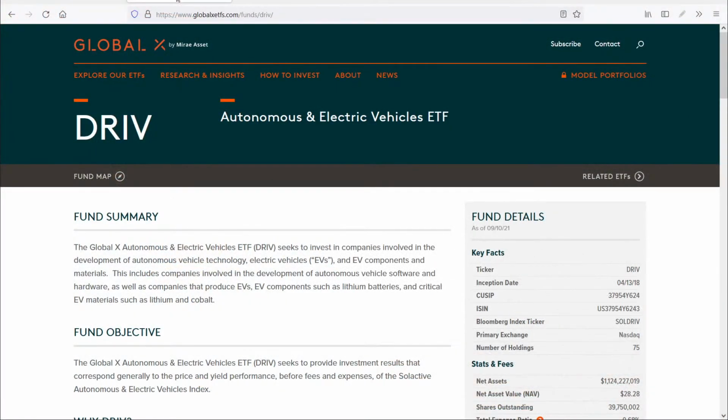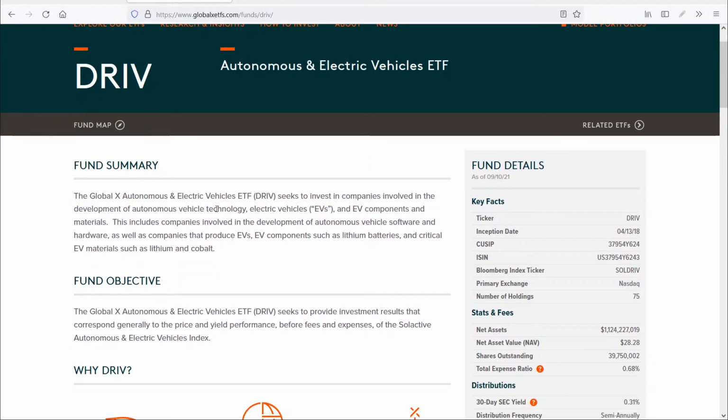So what always makes sense, and I explained why not to use individual stocks, is you could look for ETFs or global market funds which contain more than just one stock. For this case, there is the autonomous electric vehicles ETF, which tracks companies involved in the market where Tesla is in, so autonomous vehicle technology, electric vehicles and components for these vehicles.